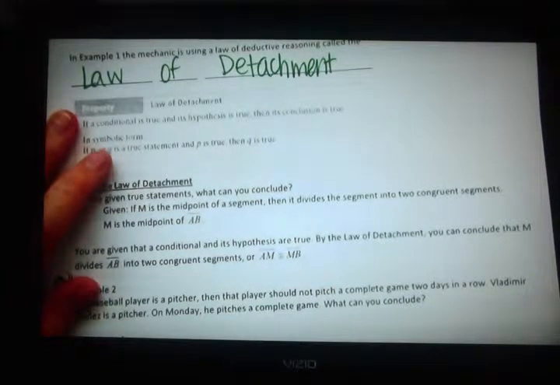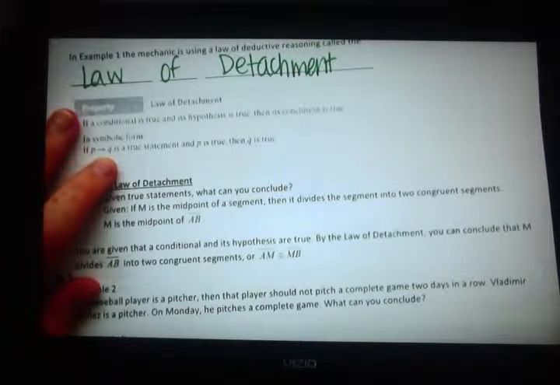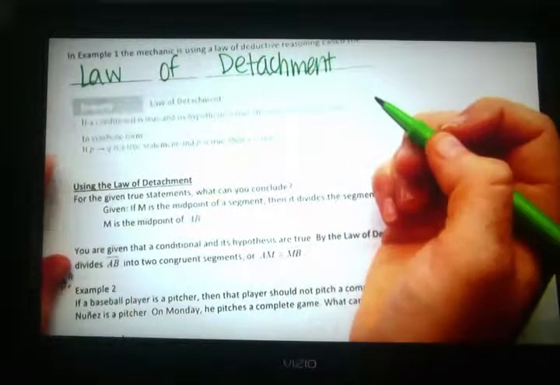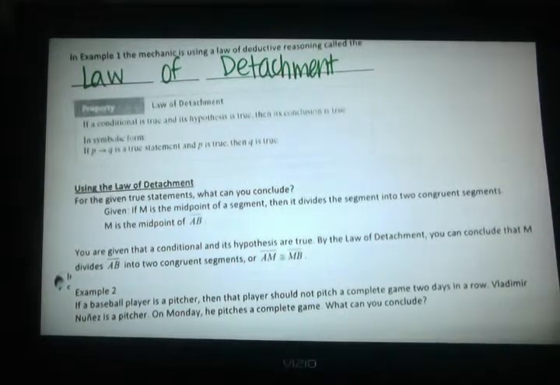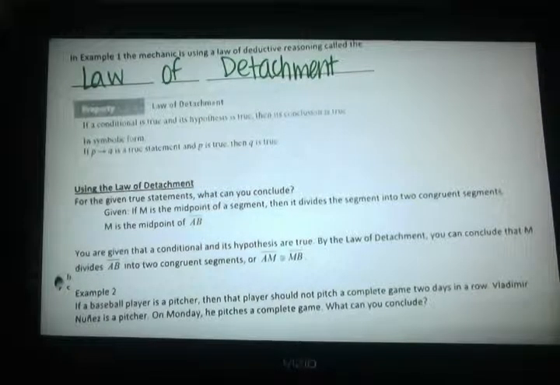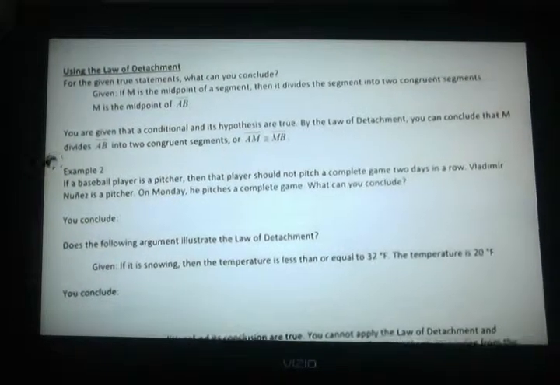So, if P then Q is a true statement, the whole thing, and P is true, then Q is true. Okay? So you can use that when we're concluding different geometric statements, different things going on in geometry. So let's look at this next example, because it's going to talk about midpoints of a line segment. Okay, so now we're applying it to geometry.